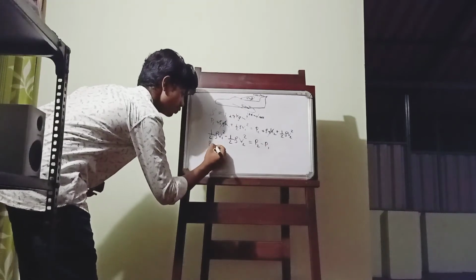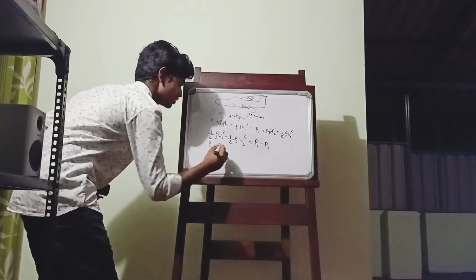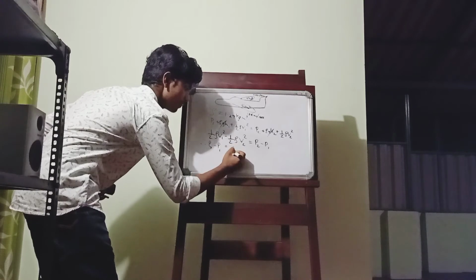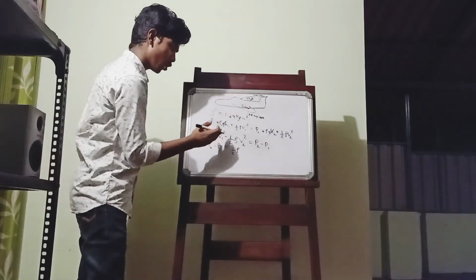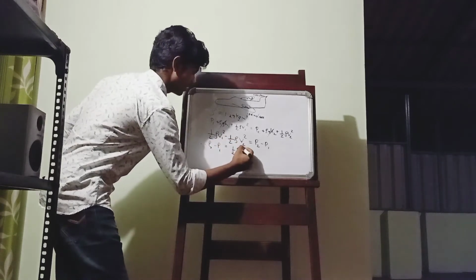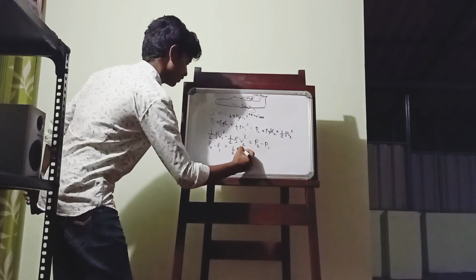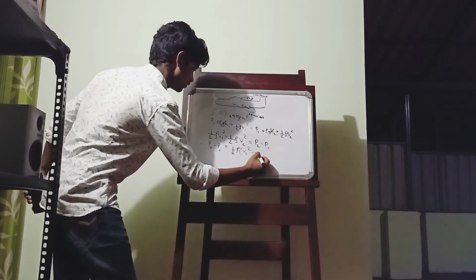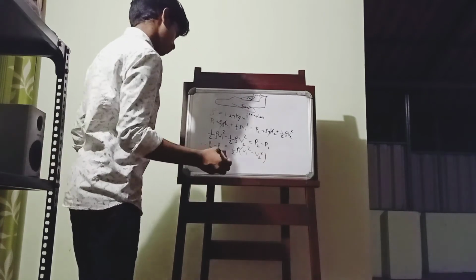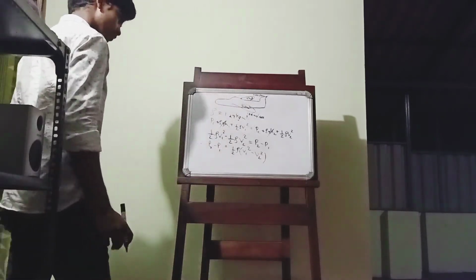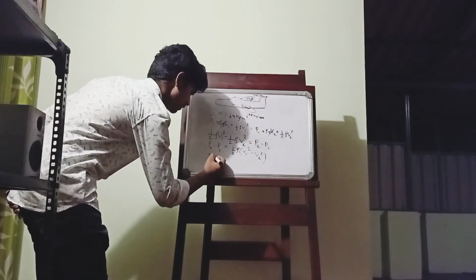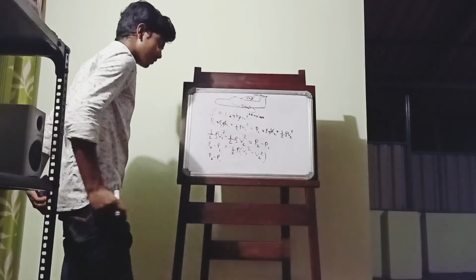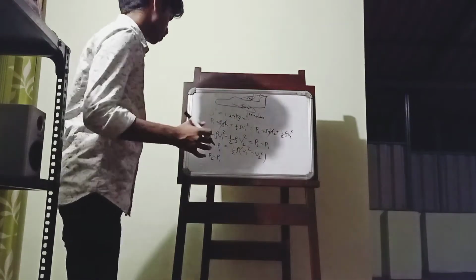Therefore P2 minus P1 equals half. We can take half rho as common because half and rho are common to both terms, and in the bracket we can write V1 squared minus V2 squared. And P2 minus P1, that is delta P, which means change in pressure.